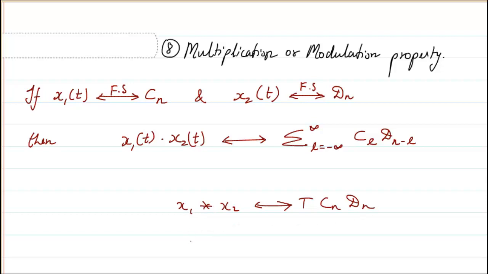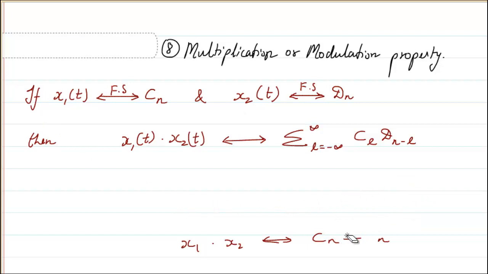But if you multiply x1 and x2, then what will happen is you will have cn convolution with dn, the equation of which is given there. So you can see convolution in one domain leads to multiplication in the other domain. This, again, as I said, is very, very important mathematically.